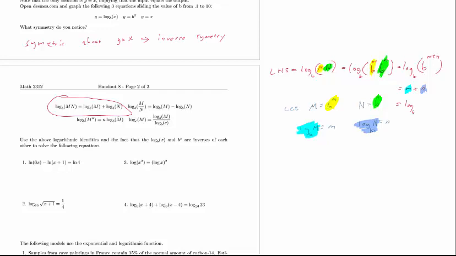We get log base b of big M plus log base b of big N, right? That's all we're doing, just doing the necessary substitutions. And you might notice that this is the same thing as the right-hand side. So we say equals RHS. Left-hand side ultimately equals the right-hand side. We've made our proof. Very good.